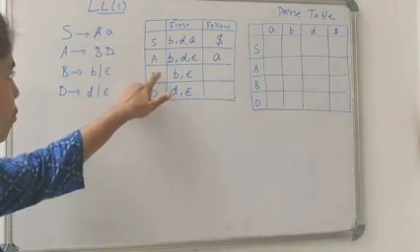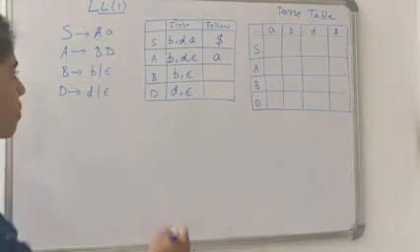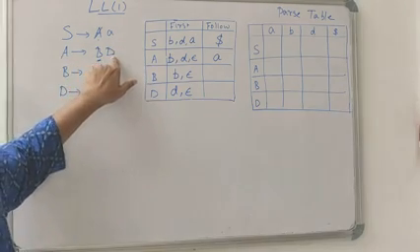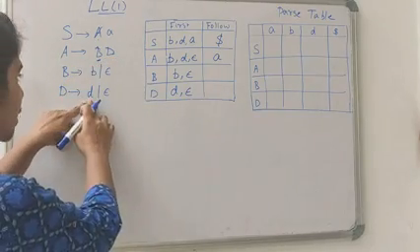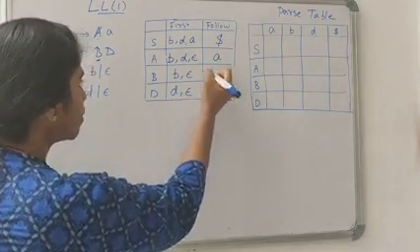Then what is follow of B? Where is B in the right side of the grammar? Here is B. And what follows B? It is a non-terminal D. So take the first of D. First of D is d or epsilon.